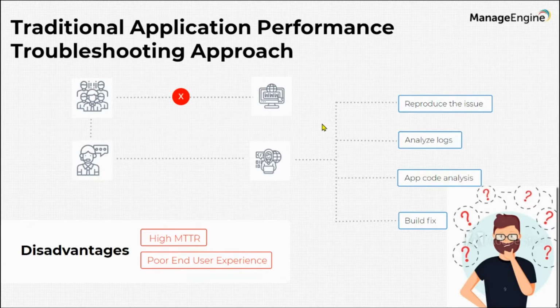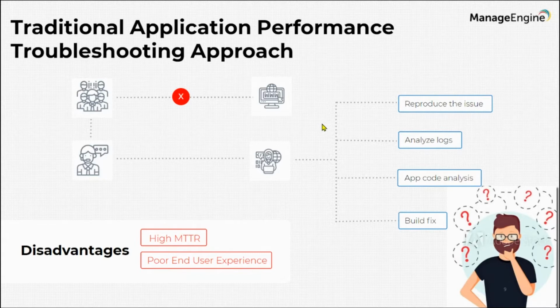Thus, the user may not be happy with the performance of the application, which impacts the brand reputation. And this process consumes a high MTTR, that is, a high mean time to repair. When an issue is reported, how much time does it take for the issue to be resolved? So it is a high MTTR for this kind of troubleshooting.